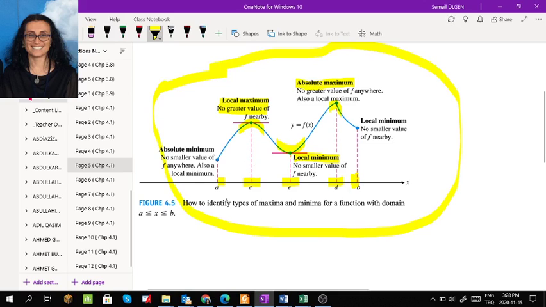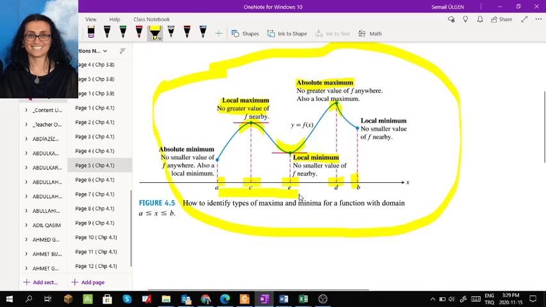The whole interval is a to b here. Maybe I should draw it a little bit closer, because I'm drawing the sentence here. So here I'm talking about a to b.